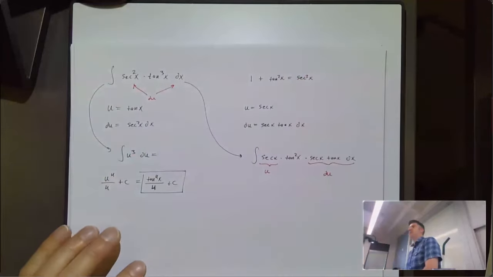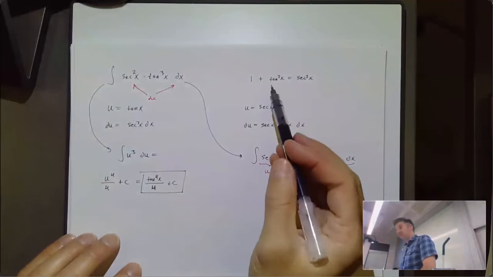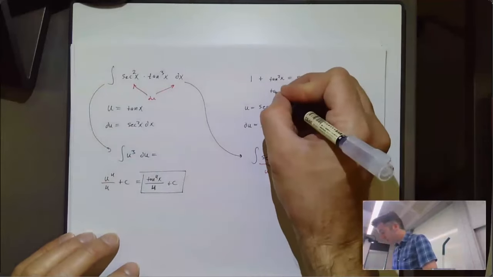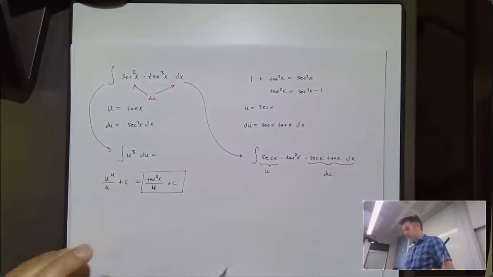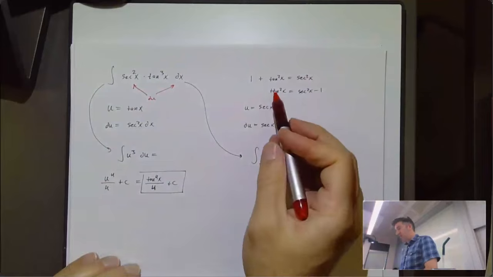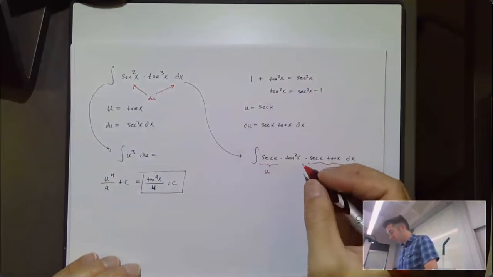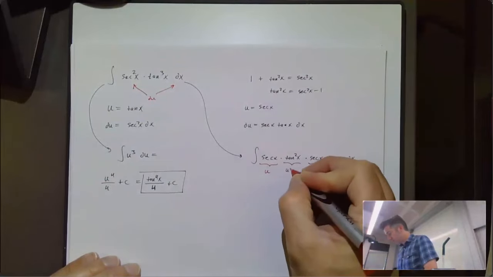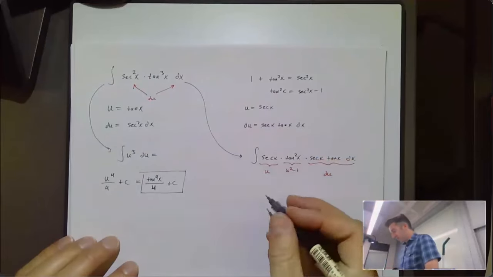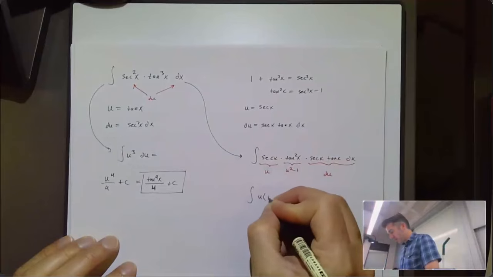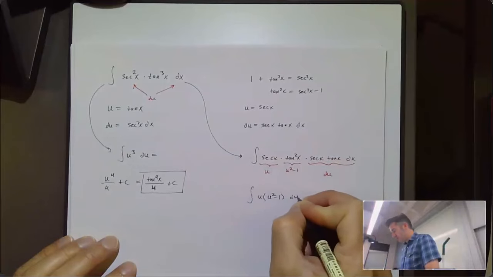Unforgettable. So then if we solve for tangent squared, tangent squared x equals secant squared x minus 1. So in this particular problem, the tangent squared is going to be equal to u squared minus 1. So then we've got the integral of u times u squared minus 1 du.